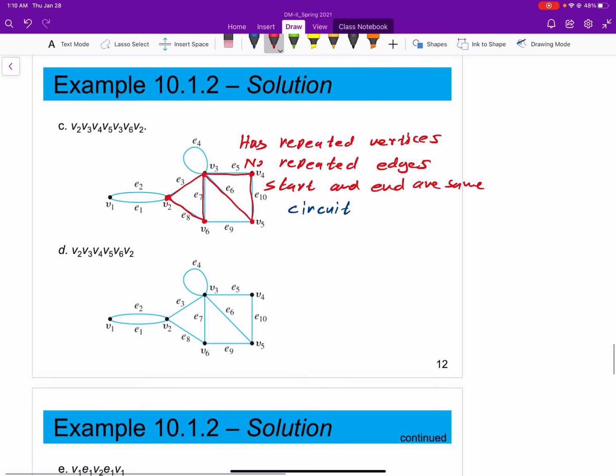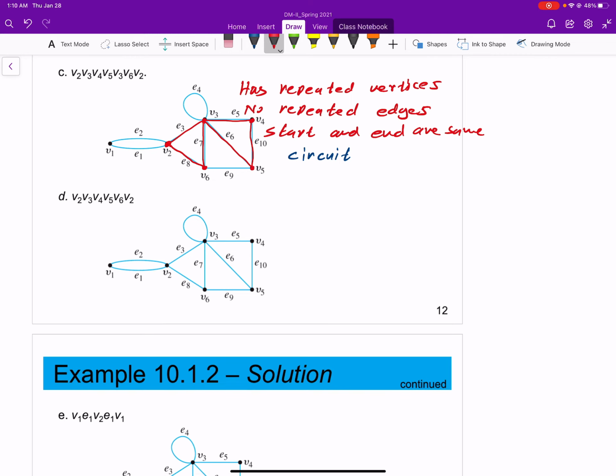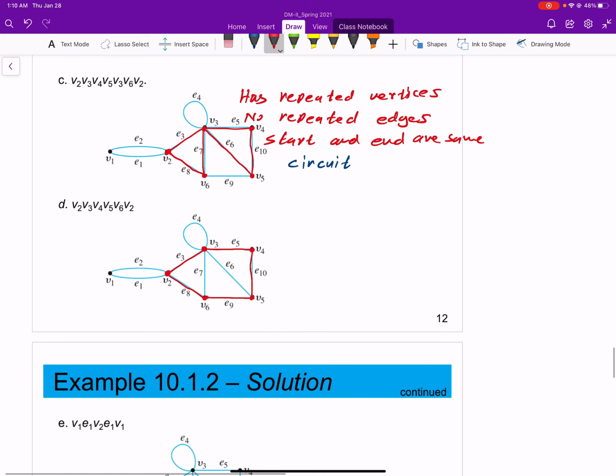Just go to the next problem. V2 to V3, V3 to V4, V4 to V5, V5 to V6, V6 to V2. All right, this is again very interesting.